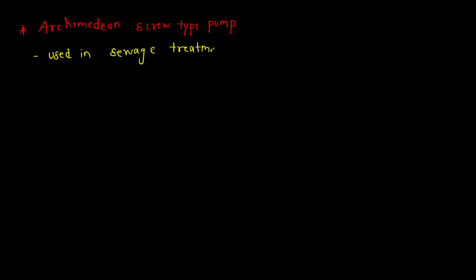So other than this, there are certain important types of pump. So first is Archimedean screw type pump. This is used in sewage treatment plant.